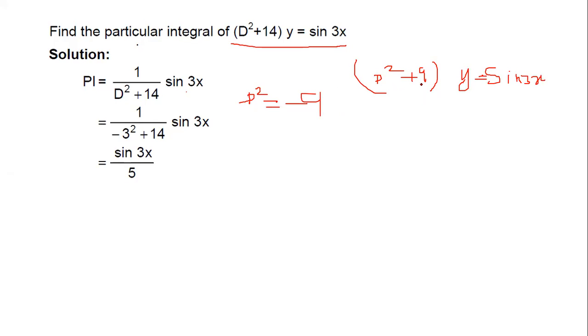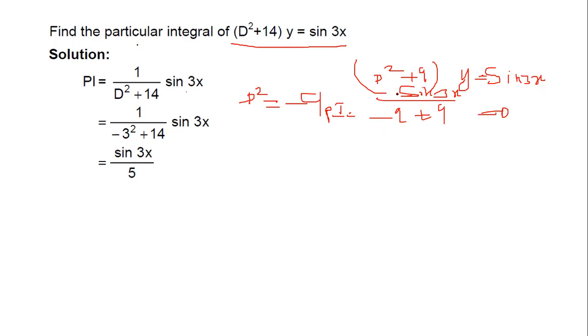In case the problem is d square plus 9 into y equal to sine 3x, then what is the answer? You substitute minus 9 plus 9 in the denominator. The particular integral has sine 3x in the numerator, but the denominator is minus 9 plus 9, which equals 0.